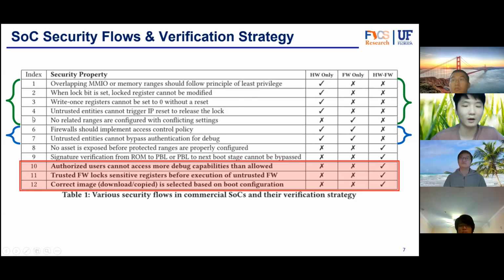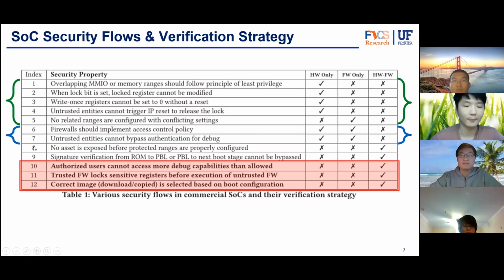And flow 5 has a purely firmware implementation, and this type of property is verified using firmware-only verification techniques such as static and dynamic code analysis tools. Flows 6 and 7 can be implemented either using a purely hardware mechanism or a purely firmware mechanism. So hardware-only verification or firmware-only verification is used. However, they don't directly apply to security flows that involve hardware-firmware interactions.